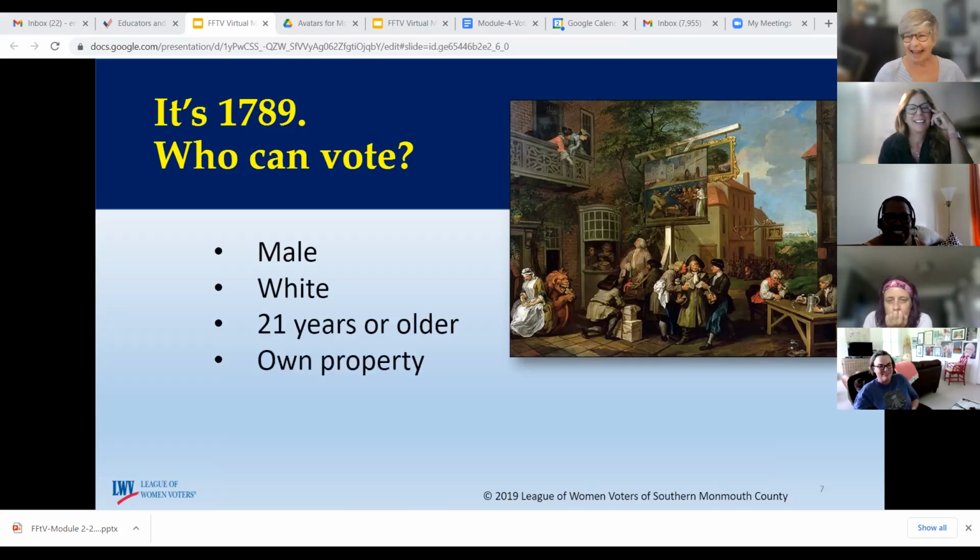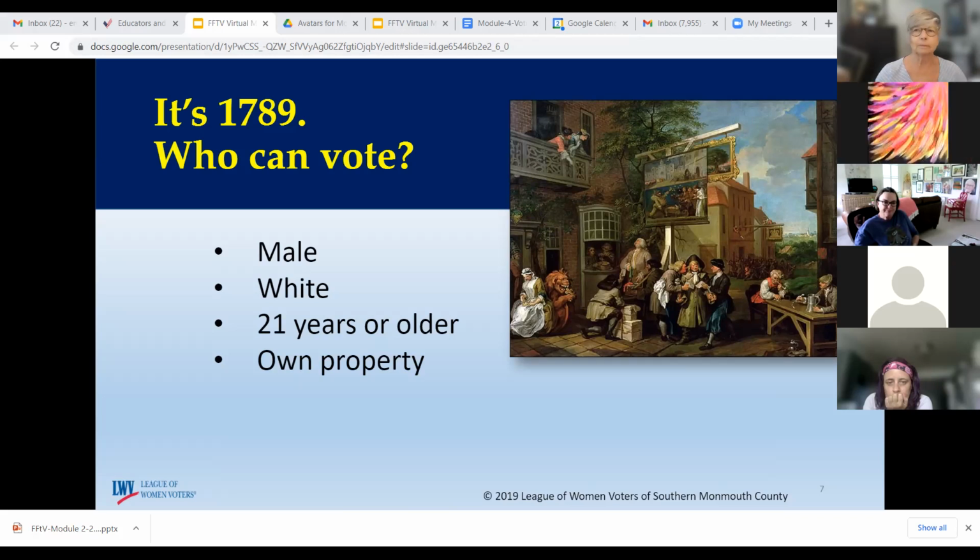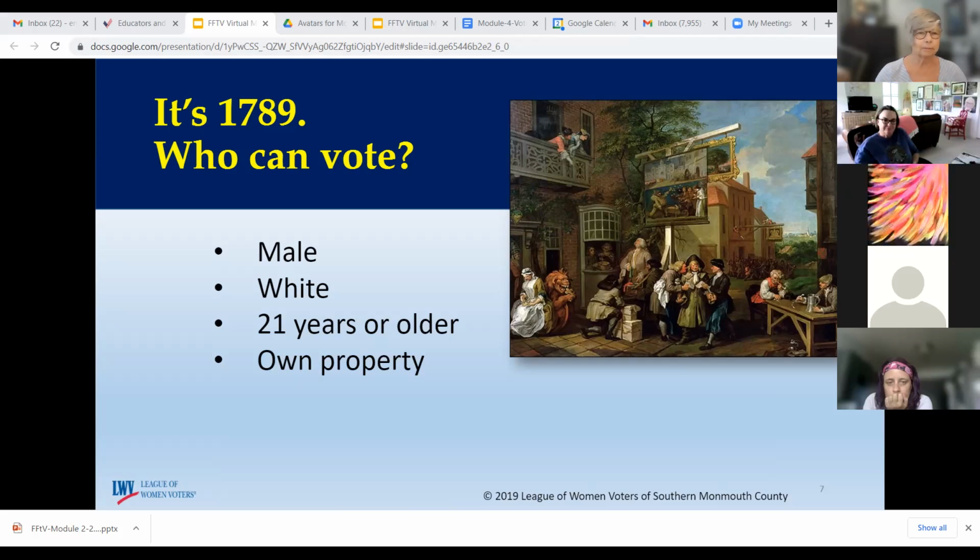Okay. So if you look at your avatar cards or remember what the characteristics were, and if you're male, white, 21 or older, and you own property, you can leave your video on, but everybody else, turn your video off right now. Okay, and I should turn mine off too.